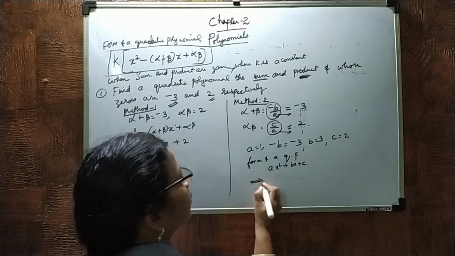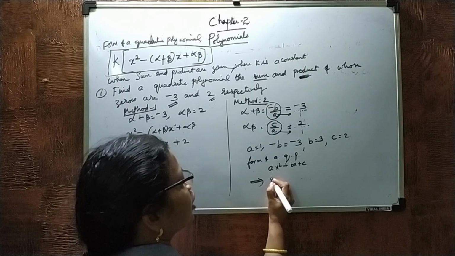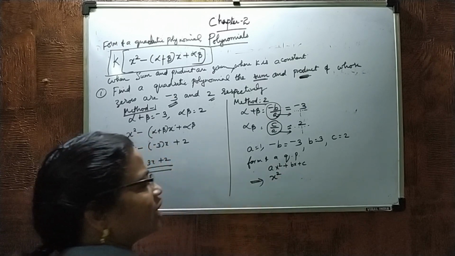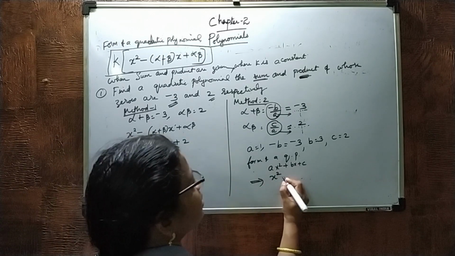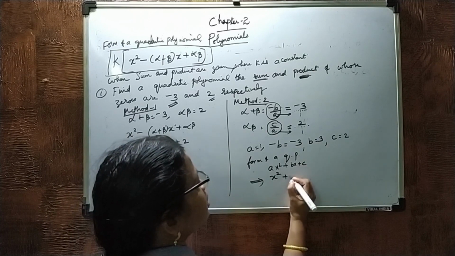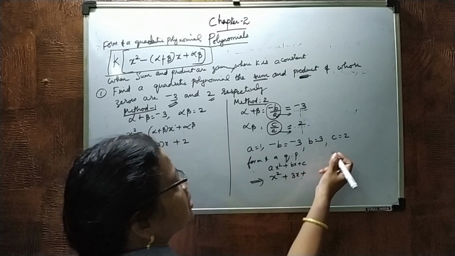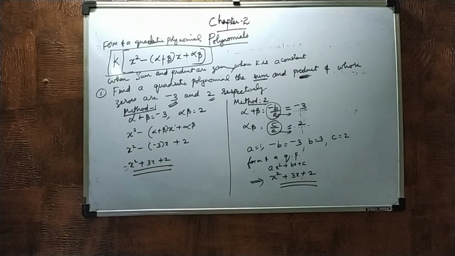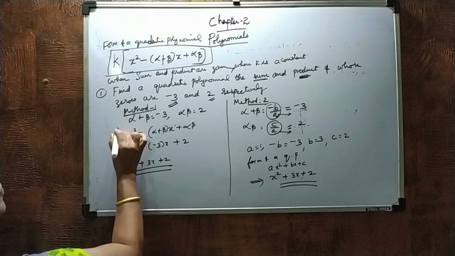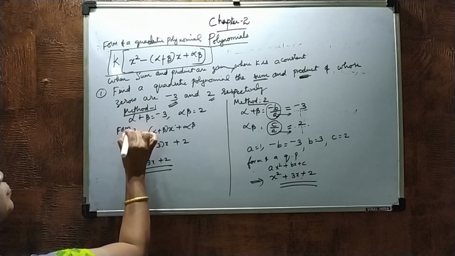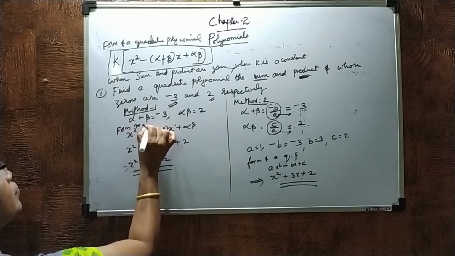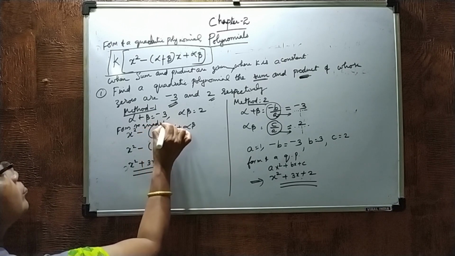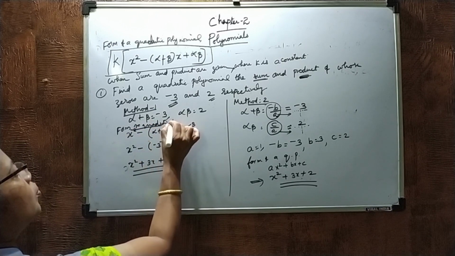So a is 1, 1 into x square is 1x square. That means x square plus bx, 3x, plus c, 2. This is the form of a quadratic polynomial.